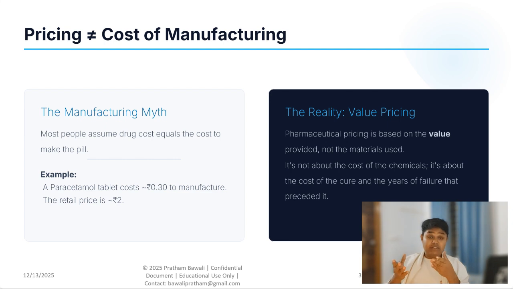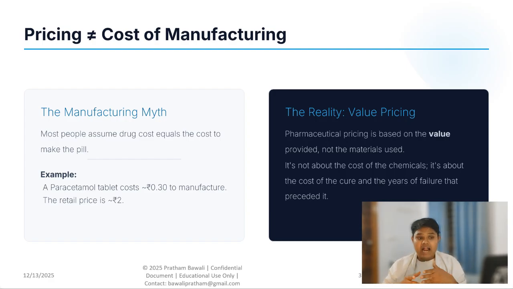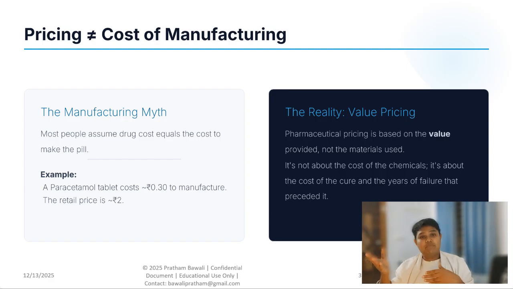The reality: value pricing. Pharmaceutical pricing is based on the value provided, not the material used. It's not about the cost of chemicals, it's about the cost of cure and the years of failures that preceded.